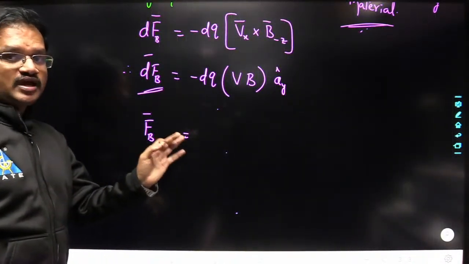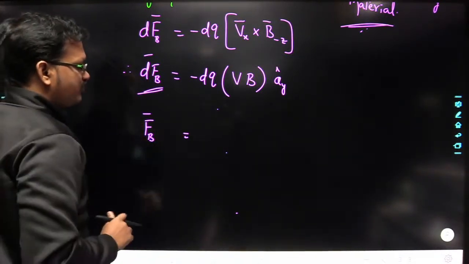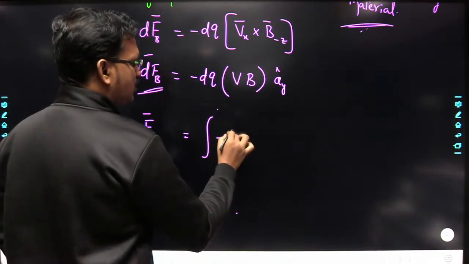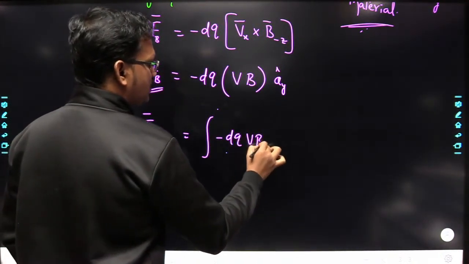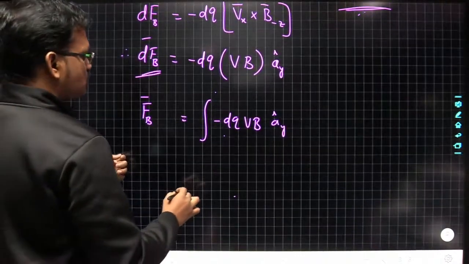Here charge means I am considering only negative charge carriers. Yes or no? Okay. So FB is equal to integral of minus dq v B ay cap. From where to where?